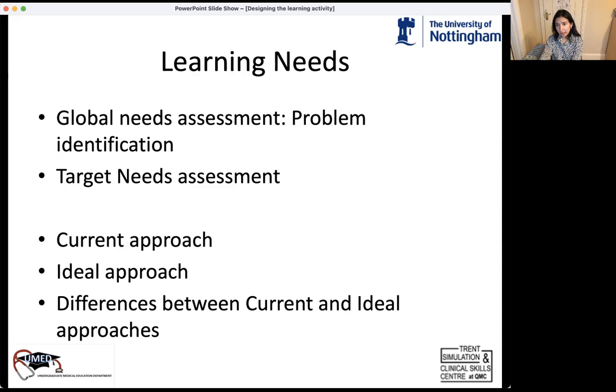Targeted needs assessment is, have our students already had teaching on this topic? If so, how far have they learned? What do I need to add to their pre-existing knowledge about this topic? What is the current approach to teach this topic? And what will be the ideal approach? How can I change? This is the learning needs assessment.